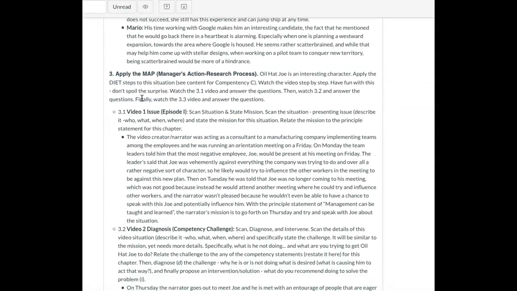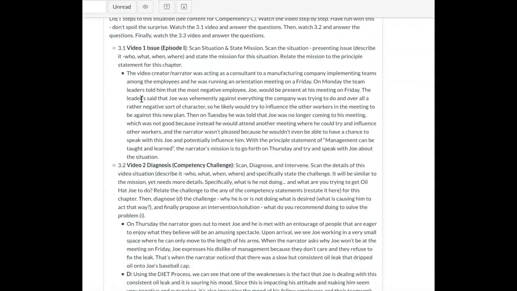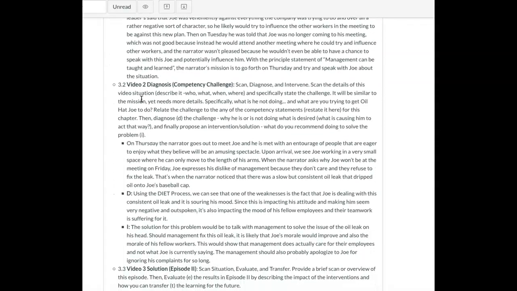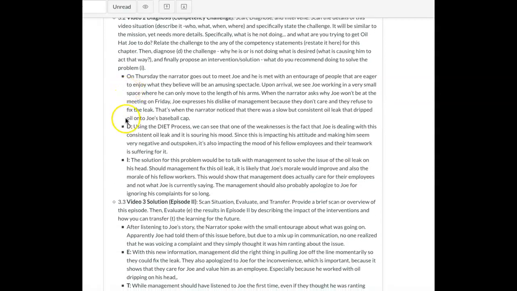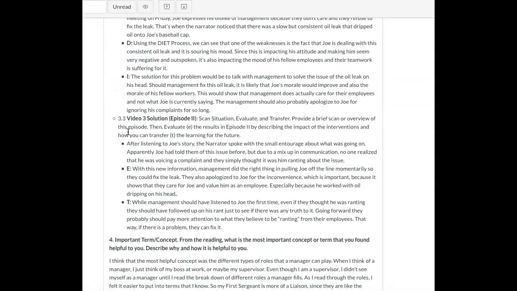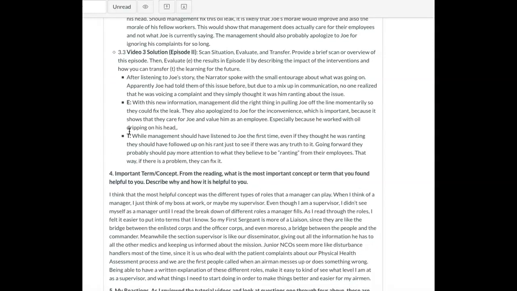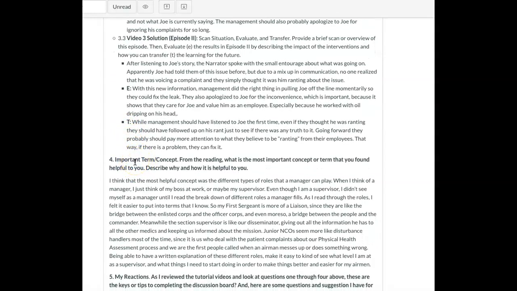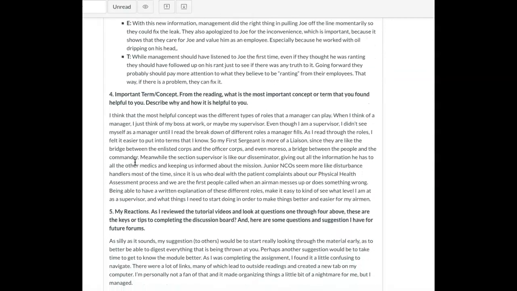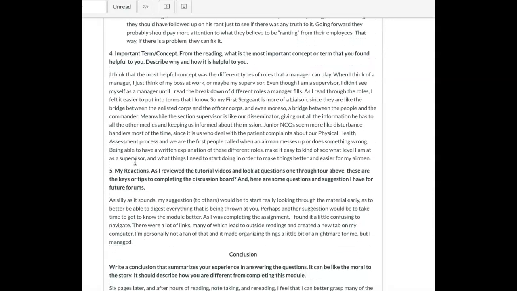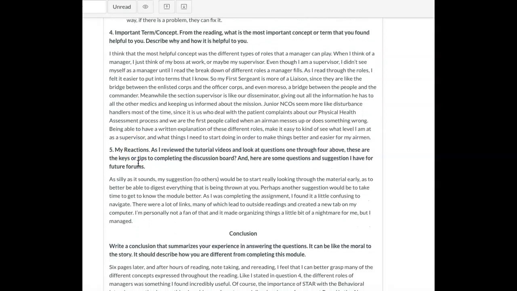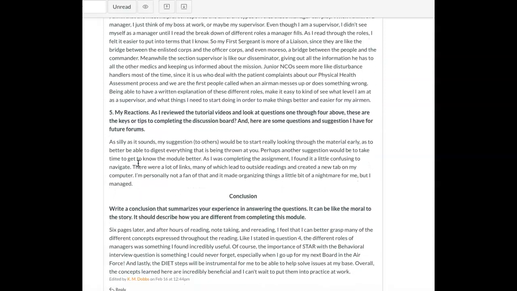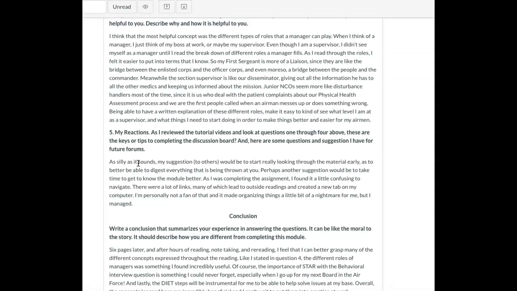Then she gets down into the manager's action research process, and this is where she's dealing with Oil Hat Joe, and you can see she's using DIET, and it's well marked. She has a discussion on an important term or concept, and she has her reactions to everything, and then a conclusion. So nice job, Catherine.